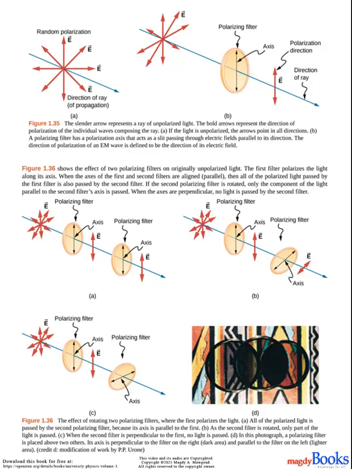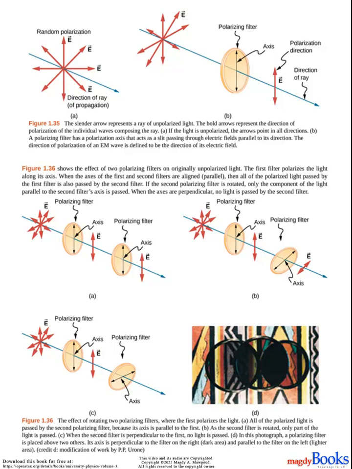Figure 1.36. A. E vector. Polarizing filter. Axis. E vector. Polarizing filter. Axis. E vector. B. E vector. Polarizing filter. Axis.